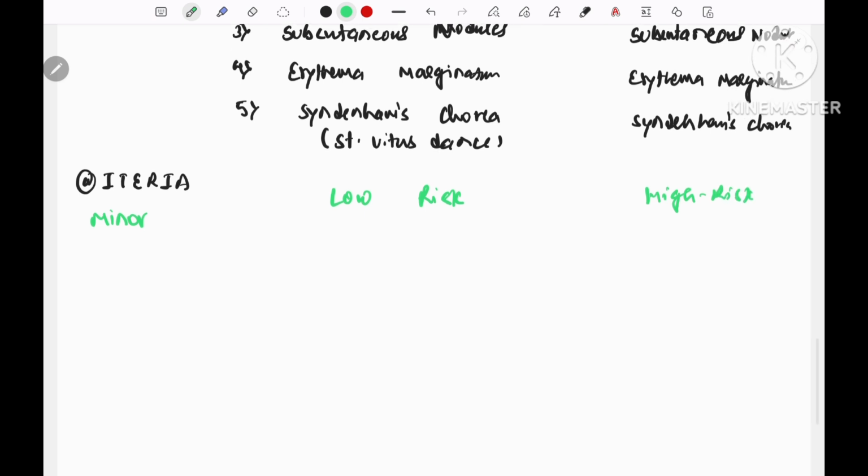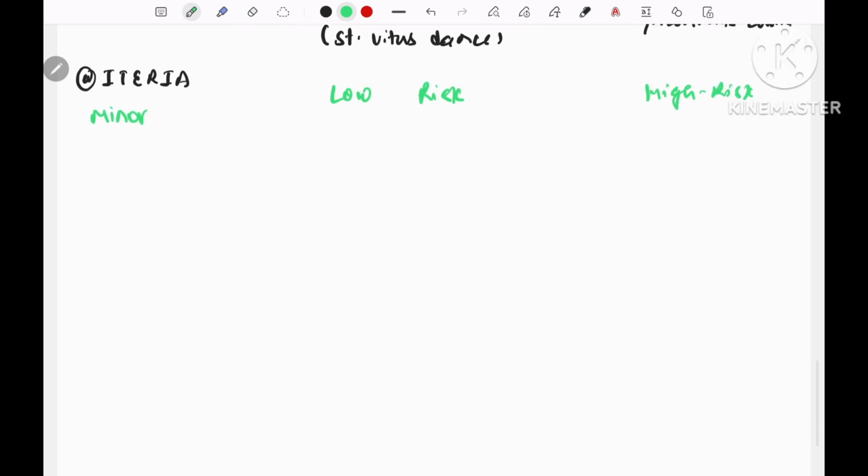In low risk, the first one is I, meaning increased WBC, which means leukocytosis.